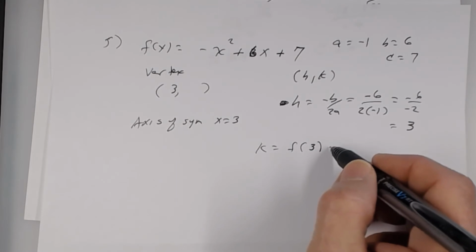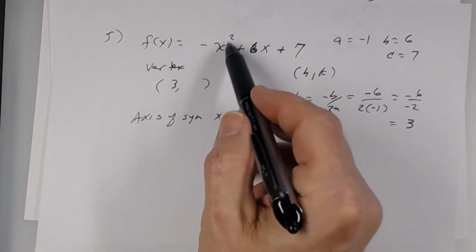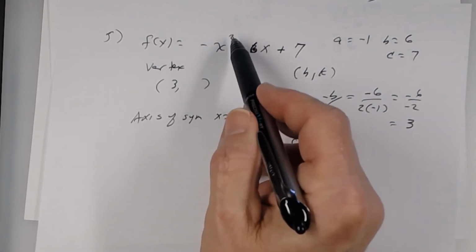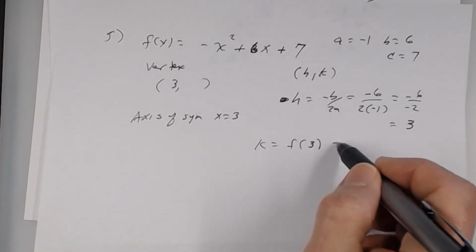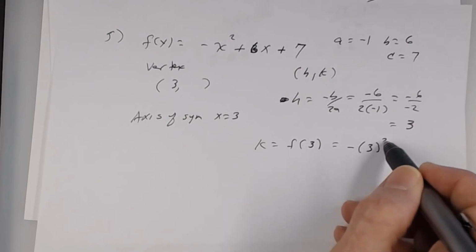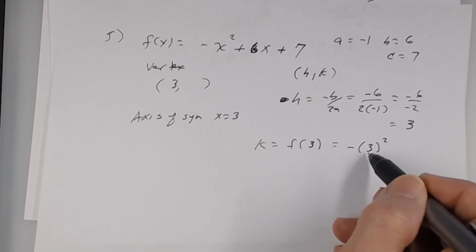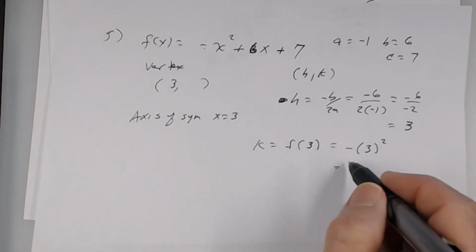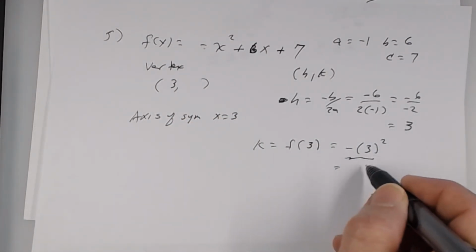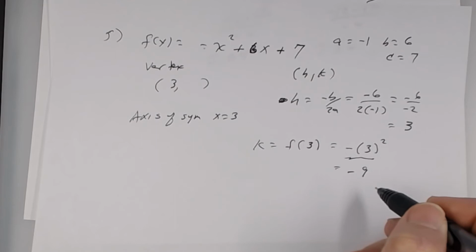Now be careful how you do that. Remember, what's the only thing being squared here? The x. So you're going to have to write this: negative, in parentheses, 3 squared, just like that, right? So do y'all agree that negative x squared like this means that when you evaluate this term, it's going to be a negative 9, not positive 9?